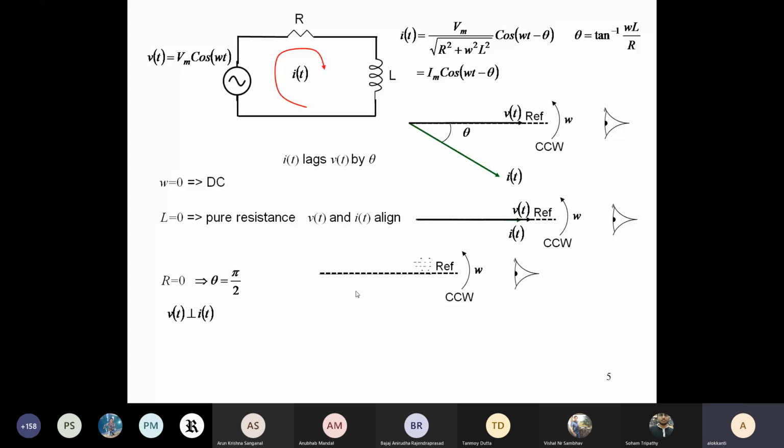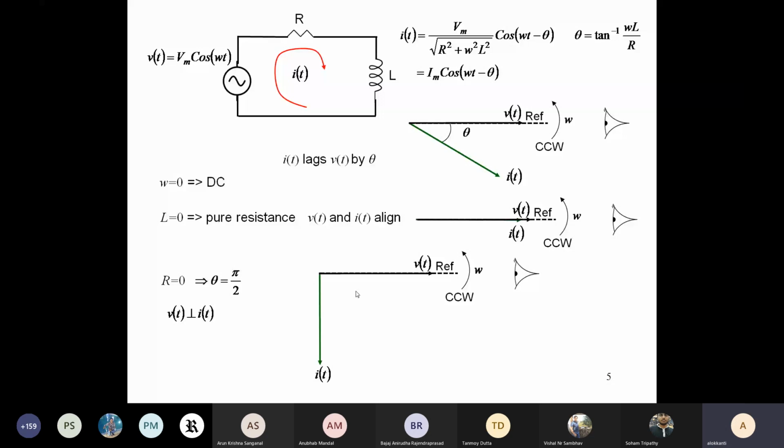The current phasor will be 90 degrees away, perpendicular. That will only happen if it is a pure inductor with zero resistance.